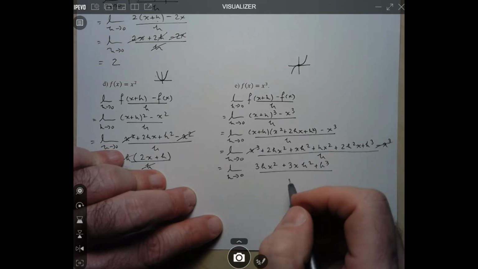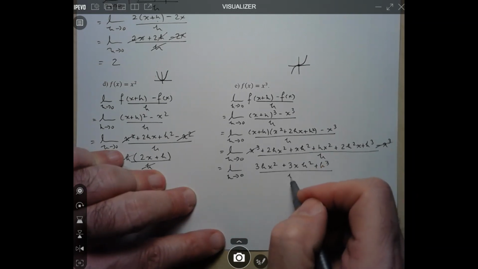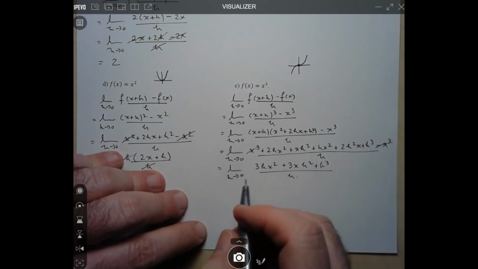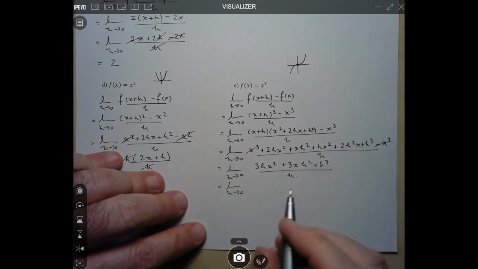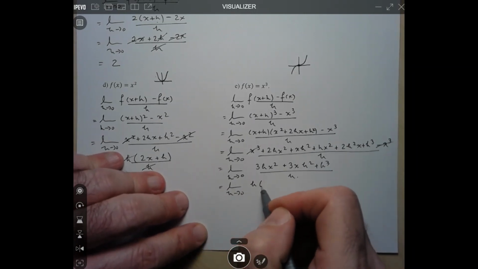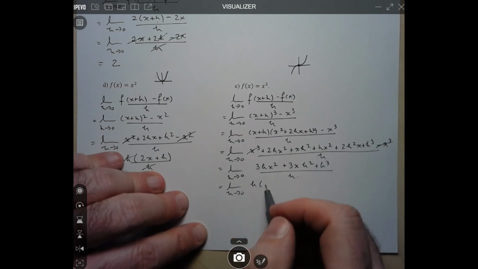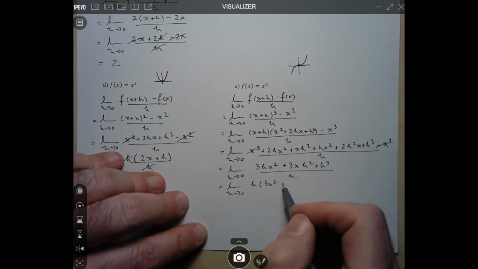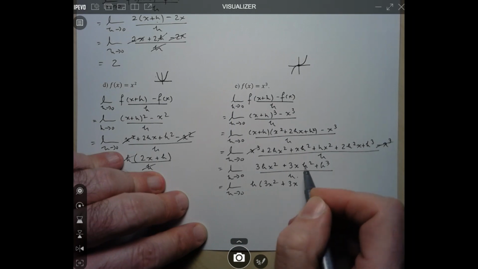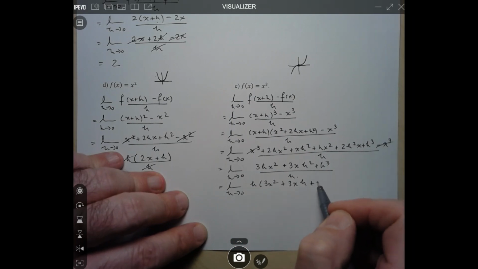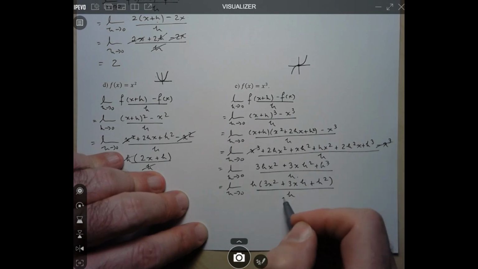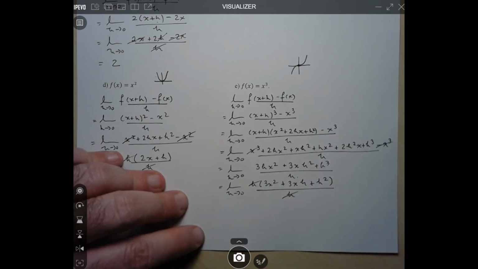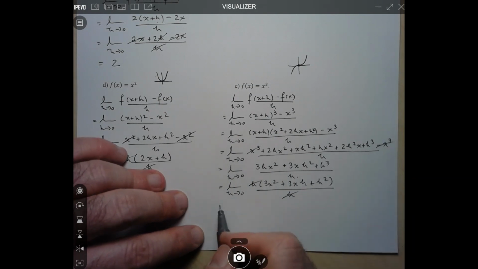And this is looking very promising because now I can factor out an h from that numerator. So let's factor out the h, and what are we left with? We're left with 3x squared plus 3x, there's still an h there, and plus h squared, all over h, and lo and behold, the h's cancel out.